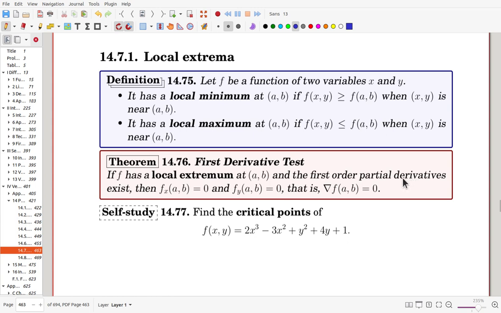Once the derivatives exist, then f sub x at the point must be 0, and also f sub y at the point must be 0. That means the gradient of f at the point equals 0. So that is exactly a simple extension of the first derivative test considered for functions of one variable.